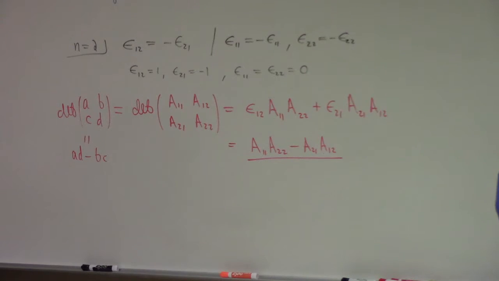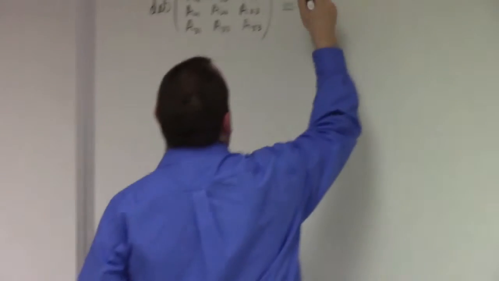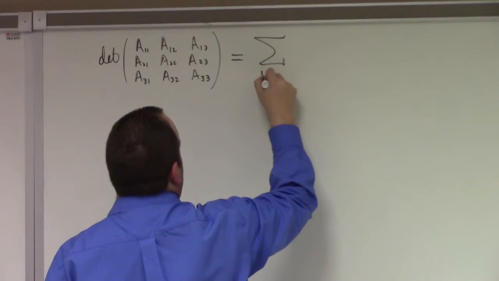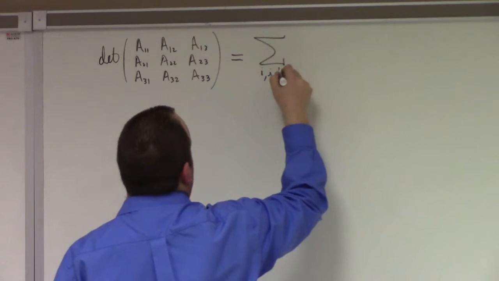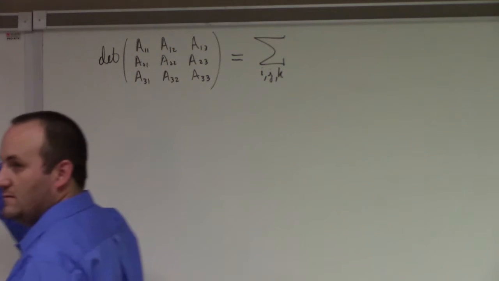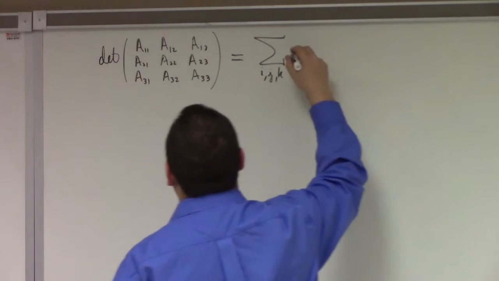Okay, so this is the sum over I, J, and K. I can just use I1 is I, I2 is J, I3 is K. I don't need the sub-index there.